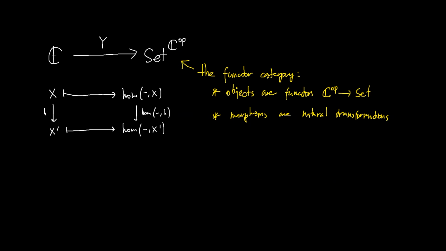And now what we're saying here is that every category can be seen to live inside this more advanced version of the category of sets. In fact, the Yoneda embedding here, the functor y, has all the suitable properties in order for us to really think of this setup as C living inside there.